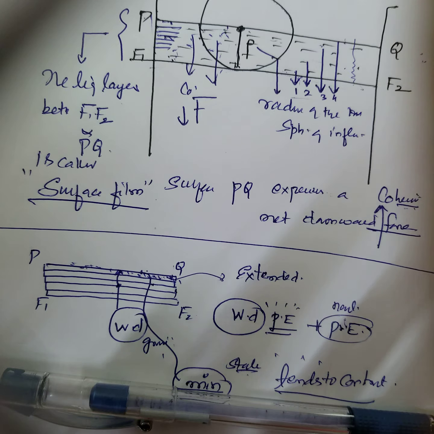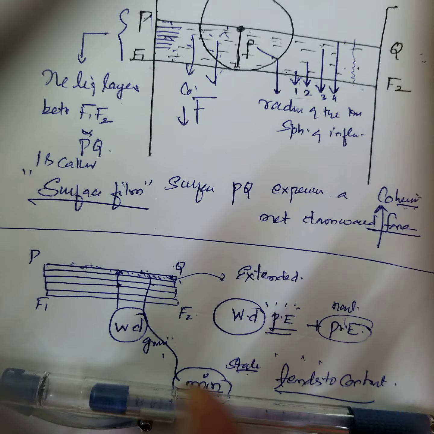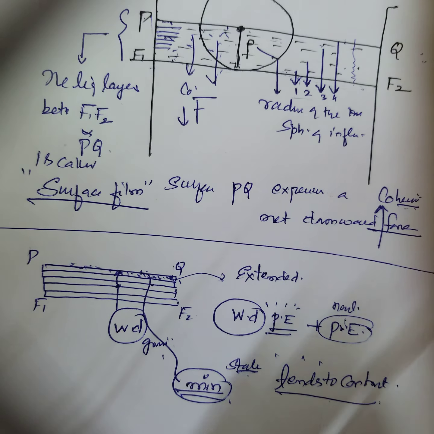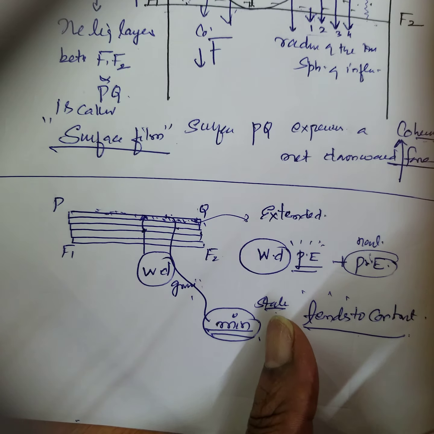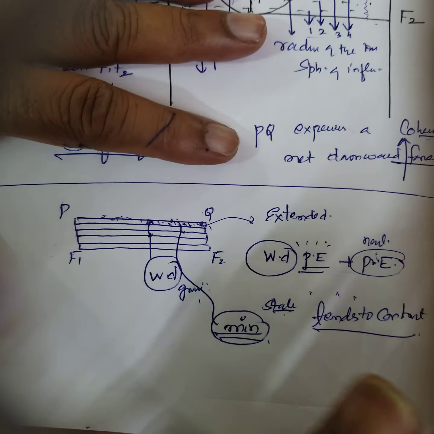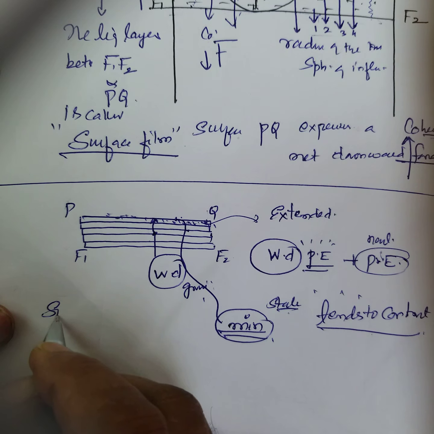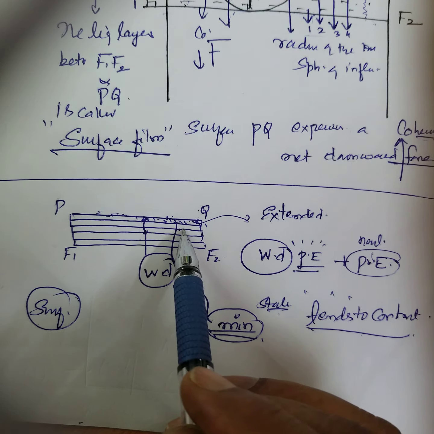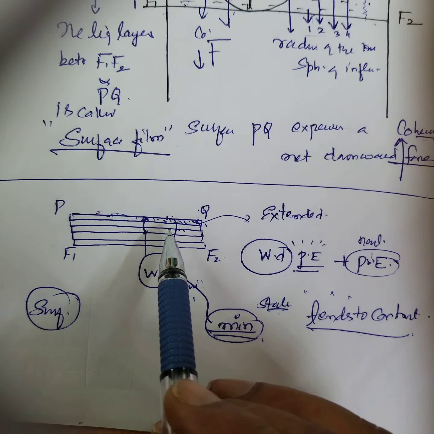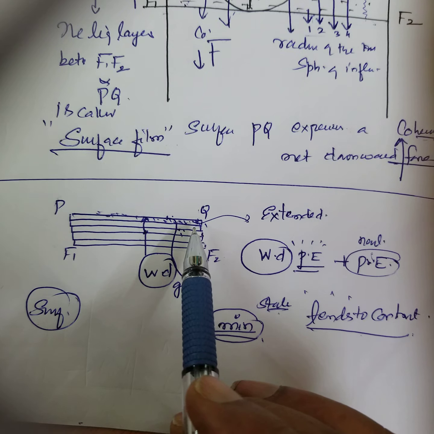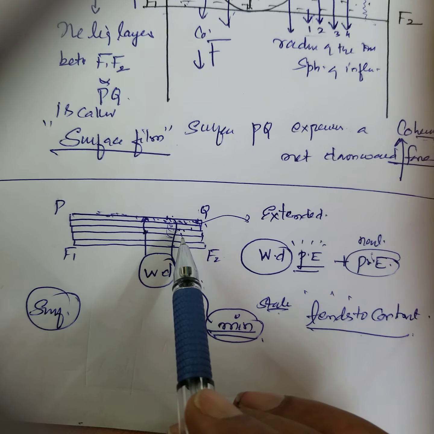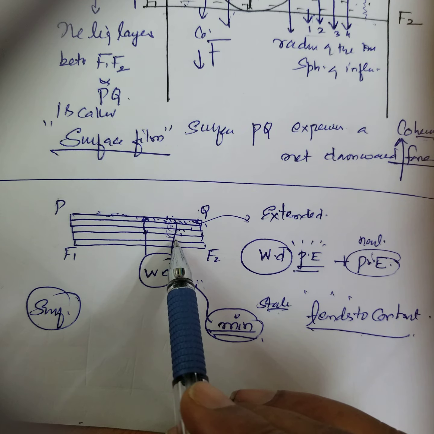This tendency of having a minimum surface area, that is, tends to contract, is also called surface tension. Therefore, how to define surface energy? Surface energy means, when the surface of the liquid is extended, molecules from the interior of the liquid rise to the surface against the inward cohesive force of attraction.